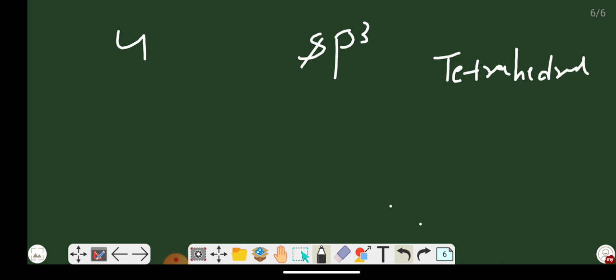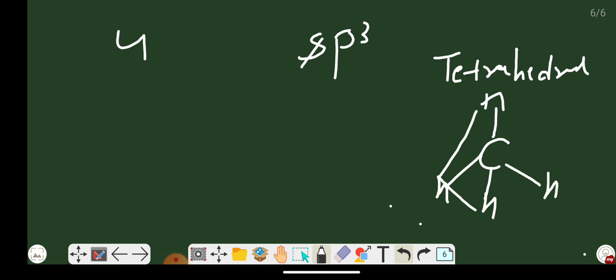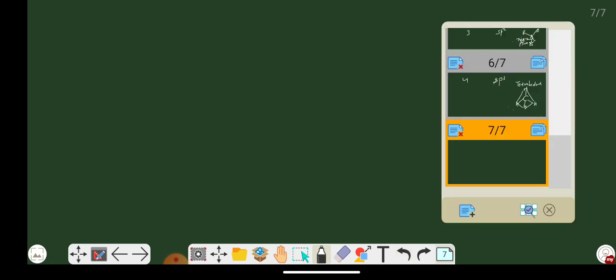So what is the tetrahedral shape? We know that methane has a tetrahedral shape. So this is the tetrahedral shape.